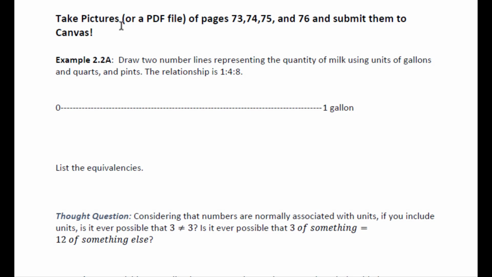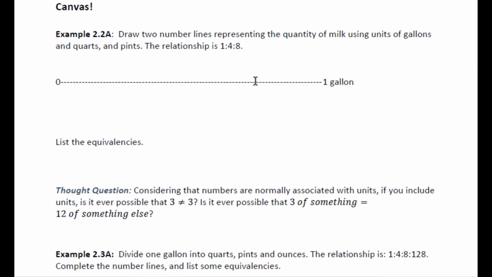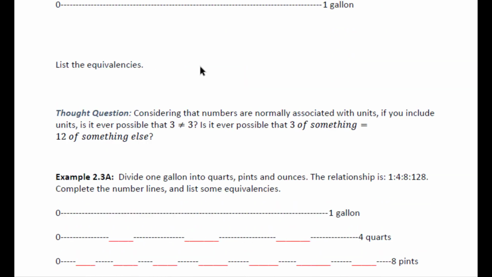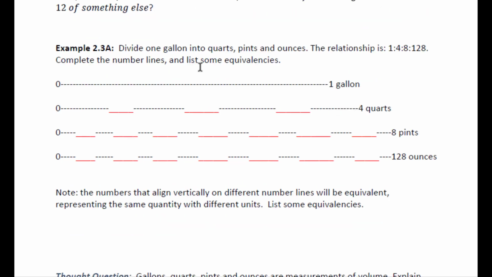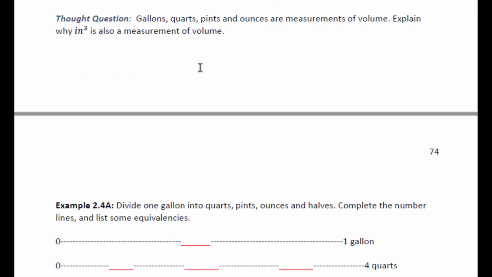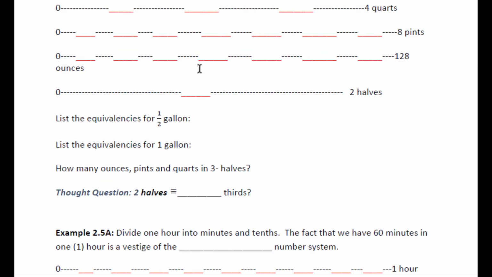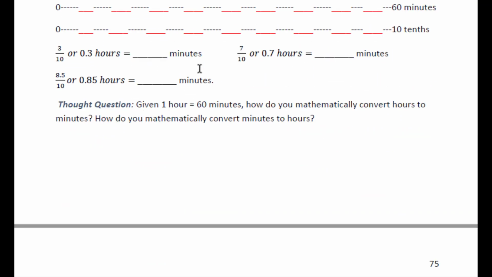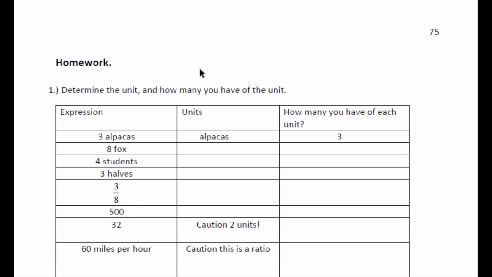Okay, so here's what you're taking pictures of, these pages. And we'll go through and see if there's anything. This is all done in the video. All these were completely done, all the 2.4a, 2.5a. And now here we hit your homework.